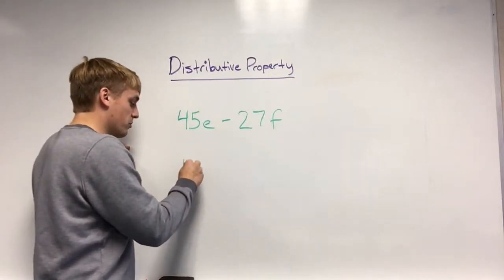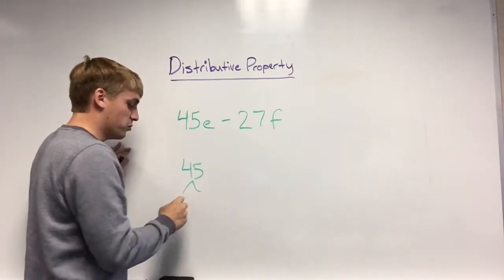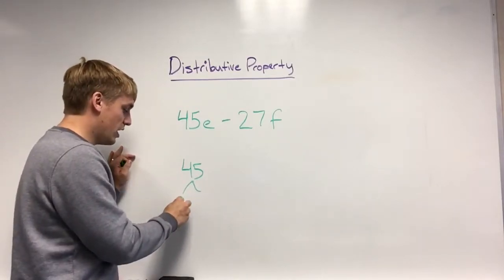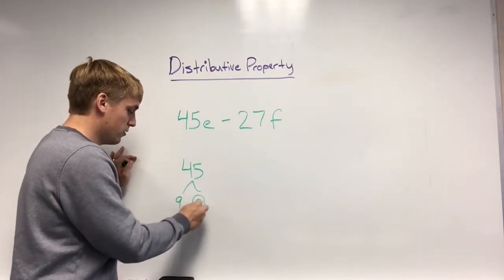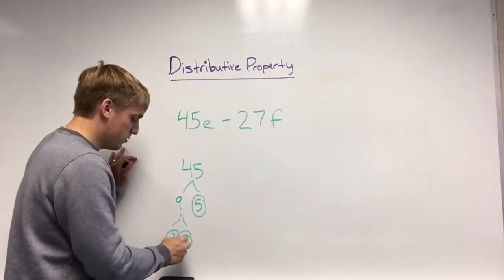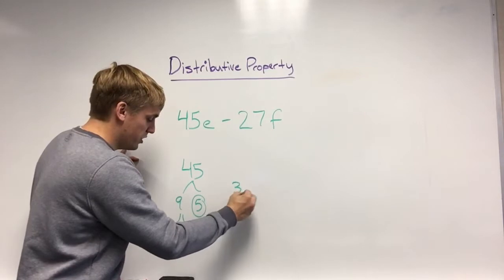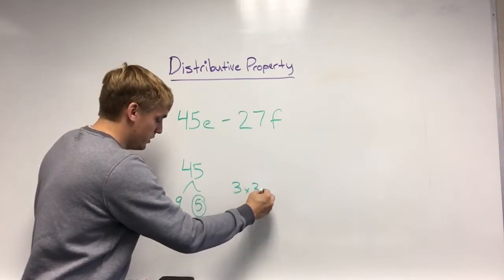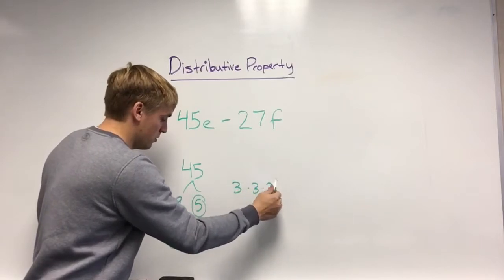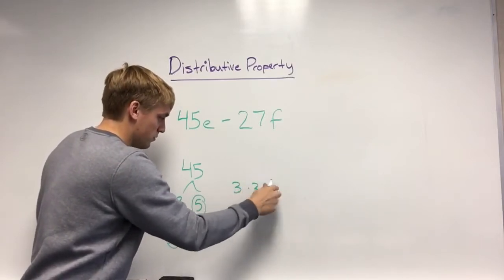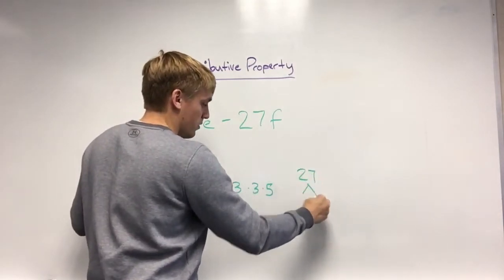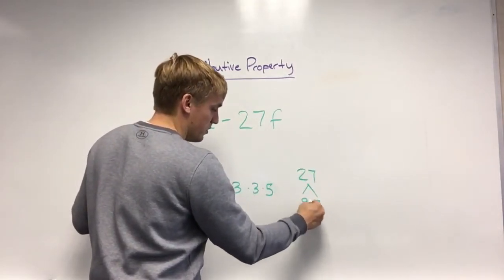So I'm going to use prime factorization, or the factor trees, to do that. So 45 is 9 times 5, and 9 is 3 times 3. Prime factorization is 3 times 3 times 5, and 27 is 9 times 3.